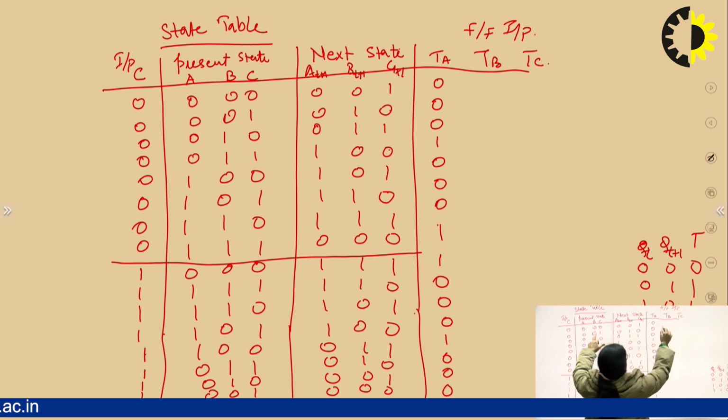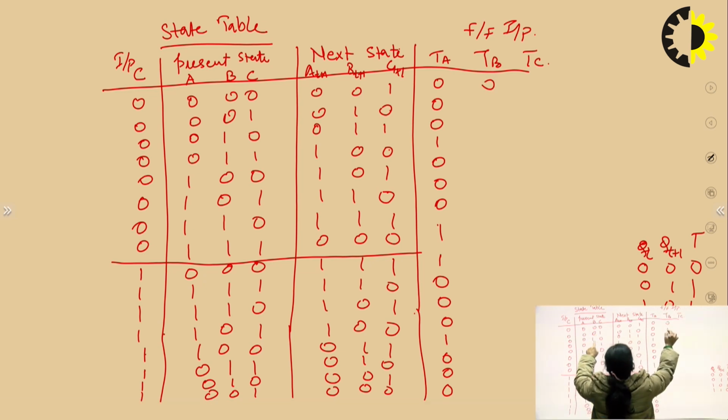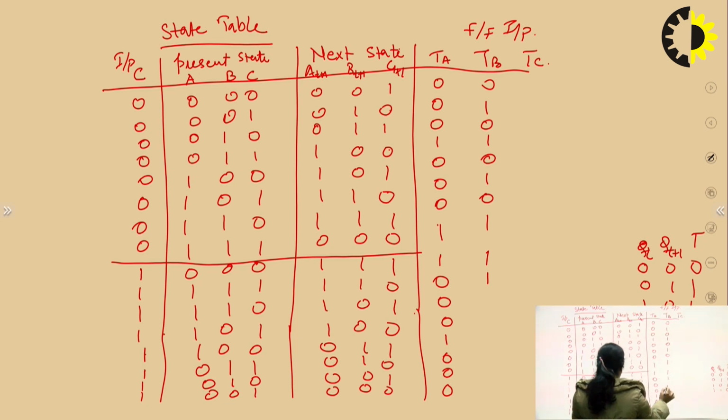Now for TB, it is 0, 1, 0, 1, 0, 1, 0, 0, 0, 0, 1, 1, 1, 0, 1, 1, 0, 1, 0.